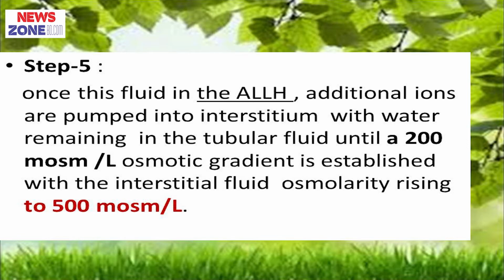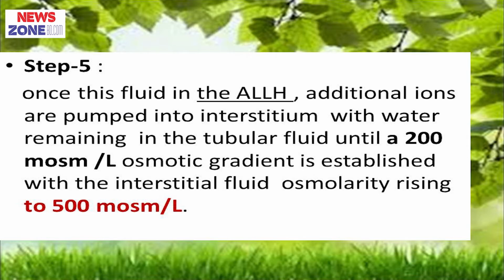So, it produces 500 milliosmolarity outside and 300 milliosmolarity inside. You can see that everywhere, inside and outside, there is a 200 milliosmolarity concentration difference. Why is it produced? Because this segment has the ability to create a 200 milliosmolarity difference inside and outside.